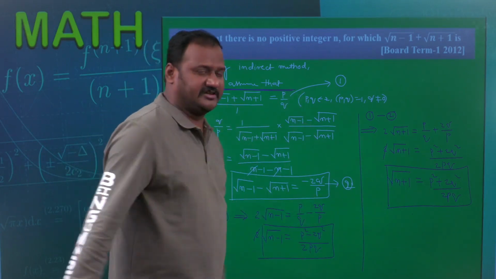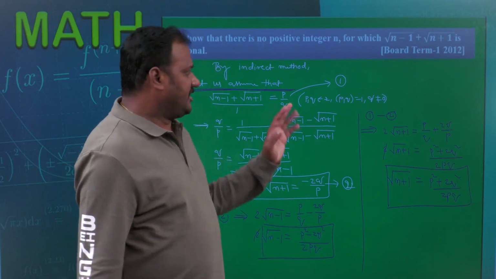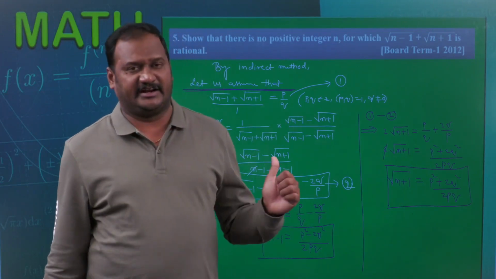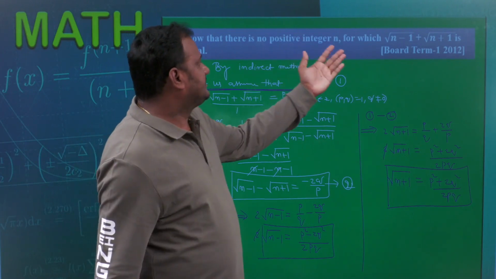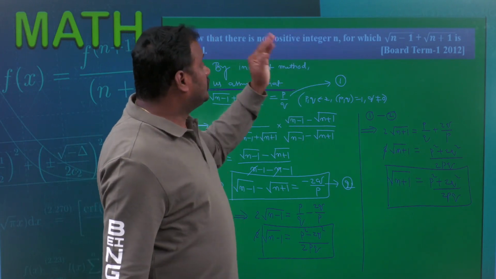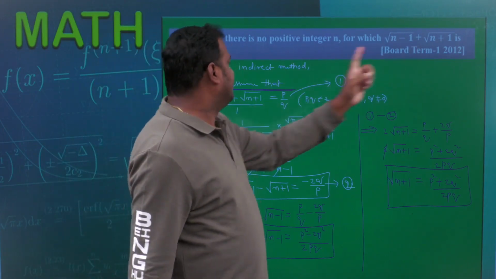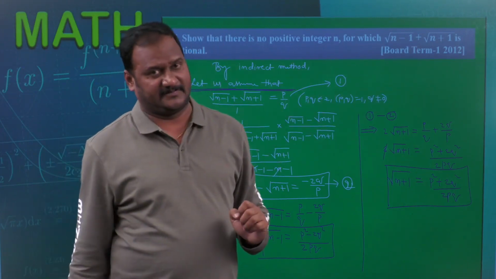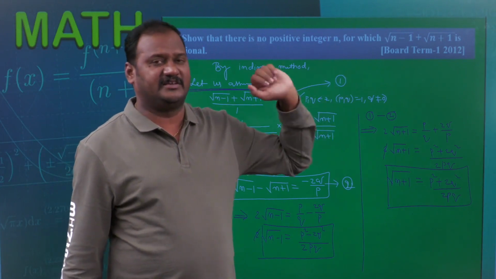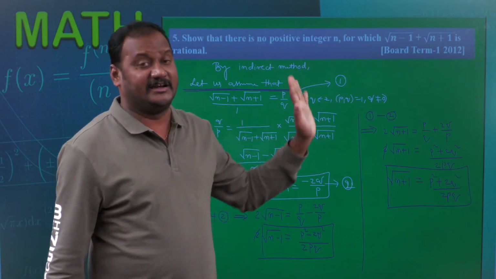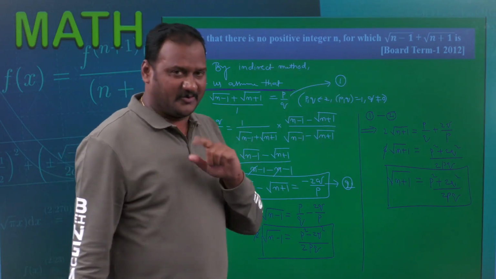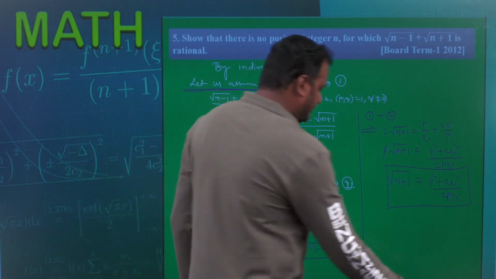Therefore, our assumption is wrong. So in these two ways, you can prove that there is no such positive integer n given that this number is a rational number. So that number is always an irrational number. That is what you ultimately proved. Hope you understand. Let's move on to the next problem.